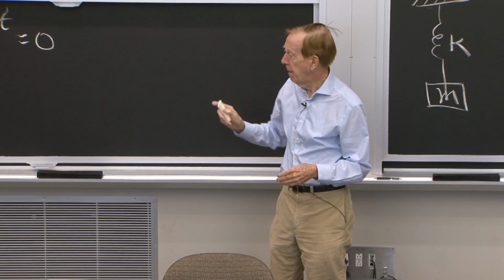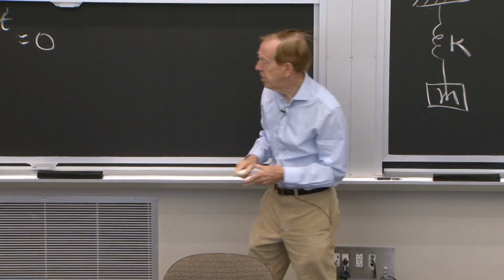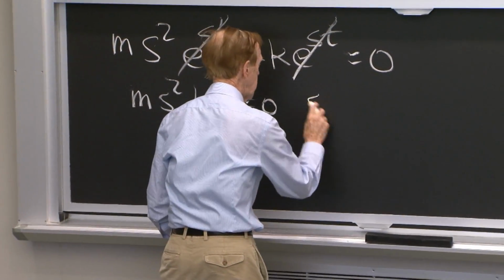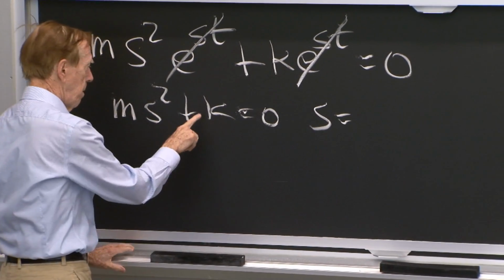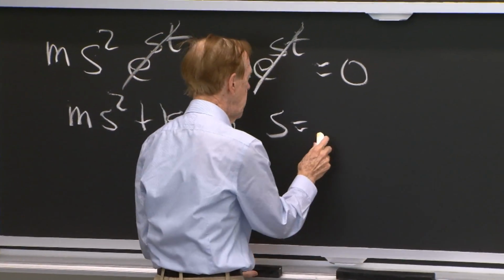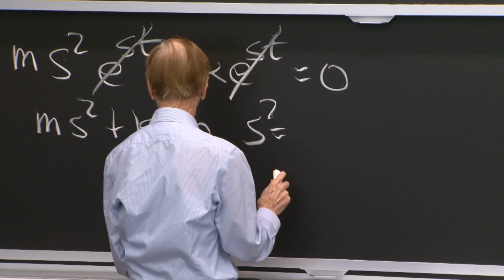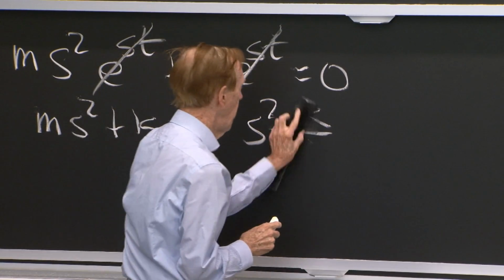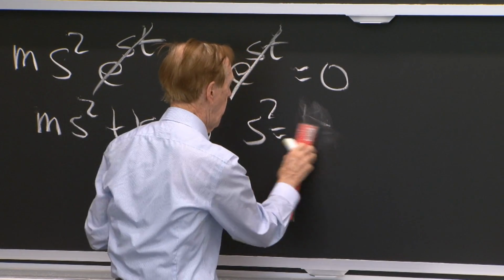There's no s term, no damping term. So the frequency s is, put k on the other side, divide by m. s squared is minus k over m. Critical point.